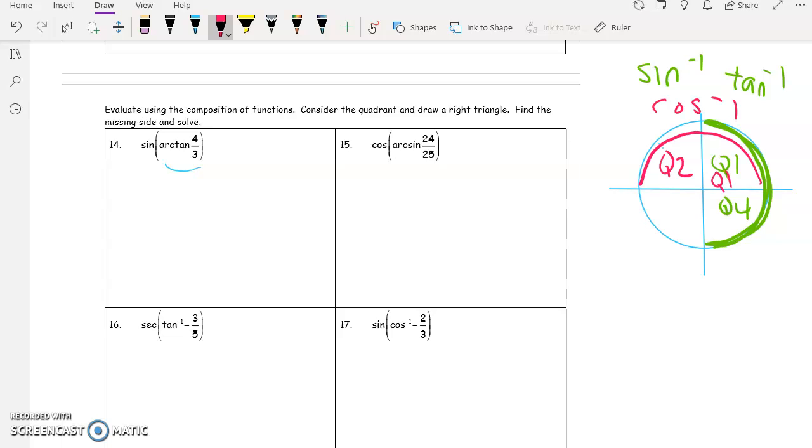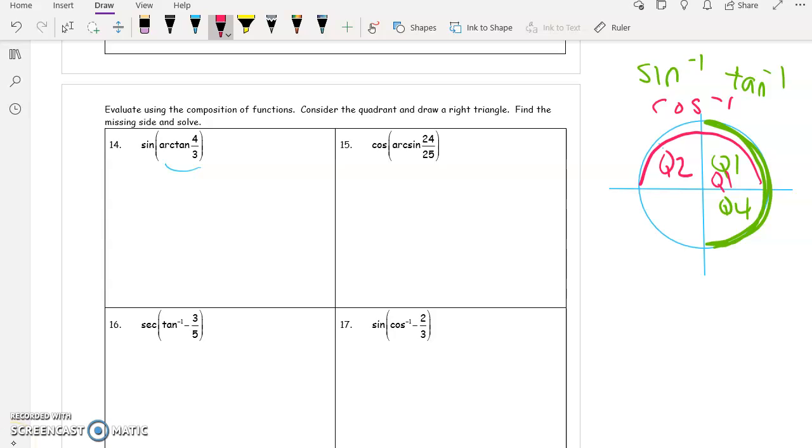Sorry, my handwriting is terrible here. So when we are finding the inverse tan, we are going to draw our triangle in either quadrant 1 or quadrant 4. If it's positive, we're going to draw it in quadrant 1, and if it's negative, we'll draw it in quadrant 4. Same goes for inverse sine.